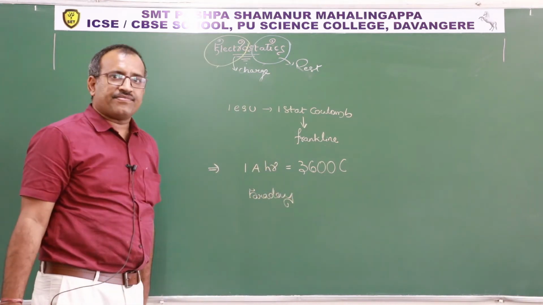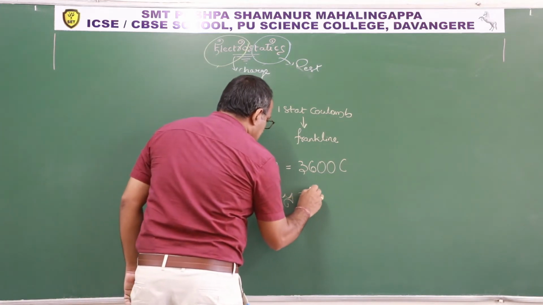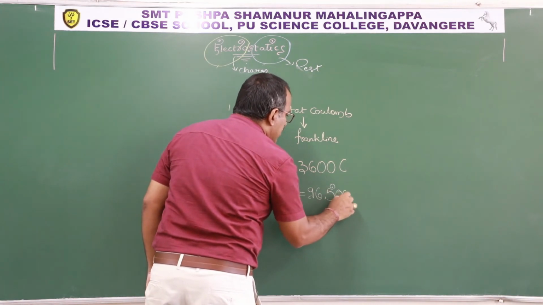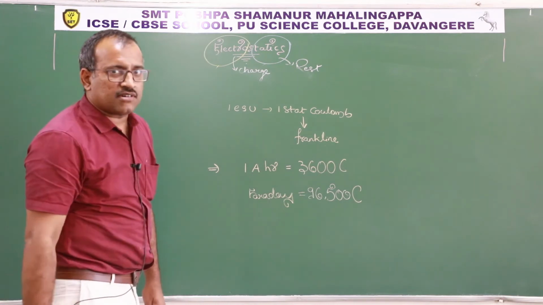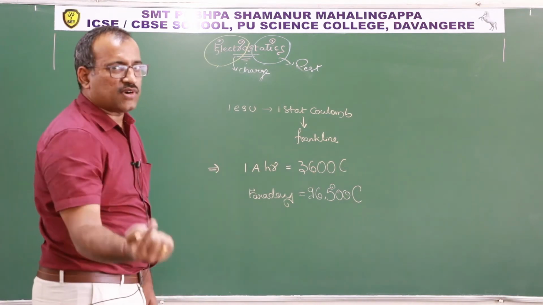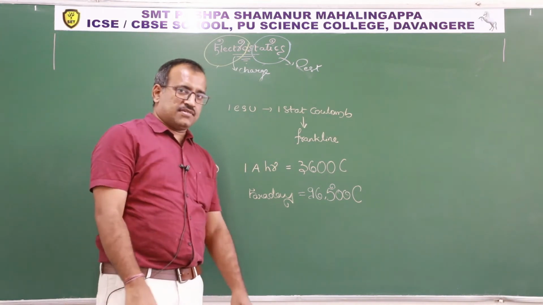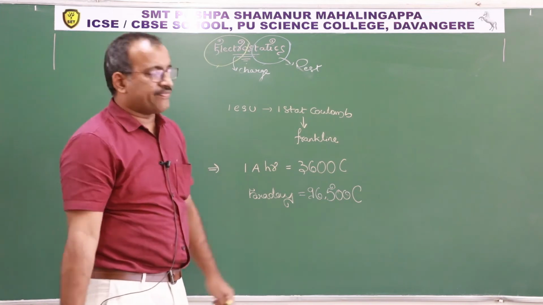One Faraday is equal to 96,500 coulomb. Wow, such a great number, which is almost equal to 1 lakh. So 1 Faraday is equal to 96,500 coulomb.